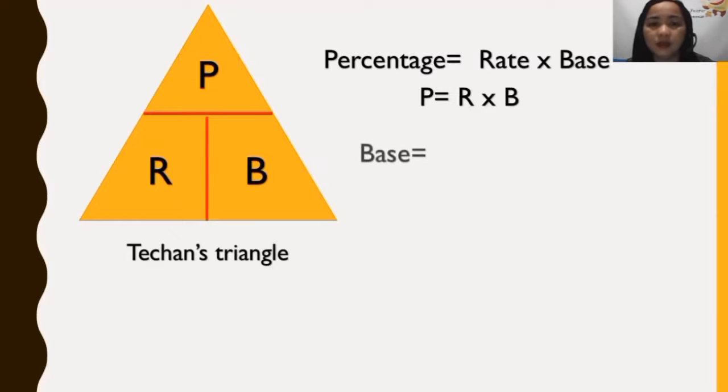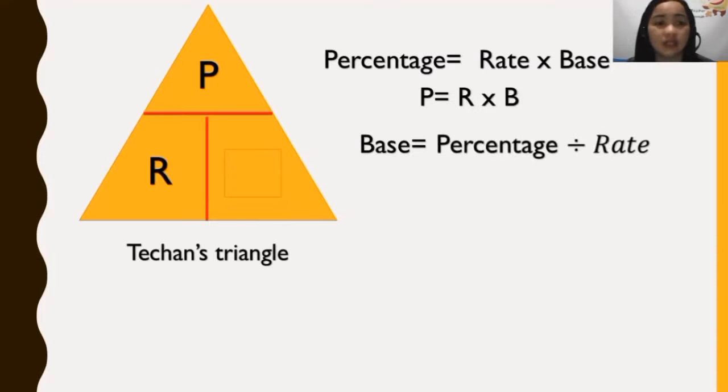So if we are looking for base, what will you do? We just cover B. What remains is P on top and the rate at the bottom. If you notice, it looks like a fraction, a numerator and a denominator, which means division. So we have percentage divided by rate, or B is equal to P divided by R. You can also use a fraction to represent this.